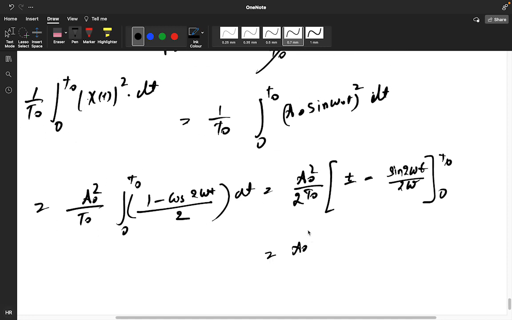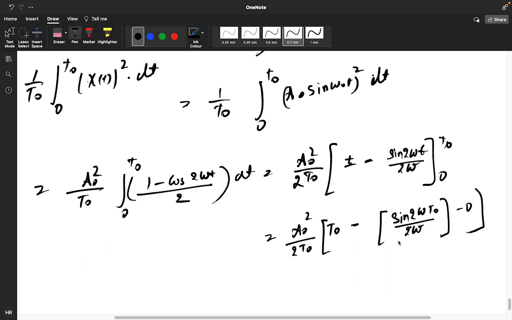So you will get A naught square by 2 T naught into T naught minus sine 2 omega T naught divided by 2 omega, then 0 minus 0, so it will be 0 only.